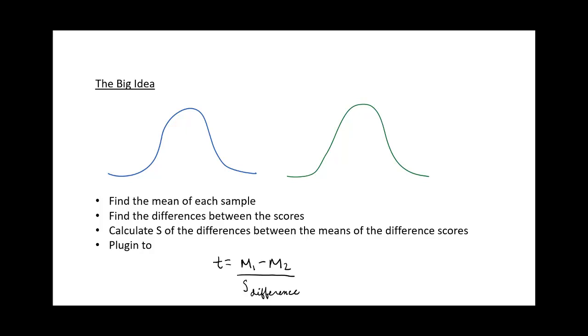So we do that by using the formula. The t-score is equal to the score of group 1 minus the score of group 2. So we're going to find the differences divided by the standard deviation of the differences between the groups. So this follows the same formula as we've been looking at in other tests, which we'll take a look at in a second. Let's get through the big idea first.